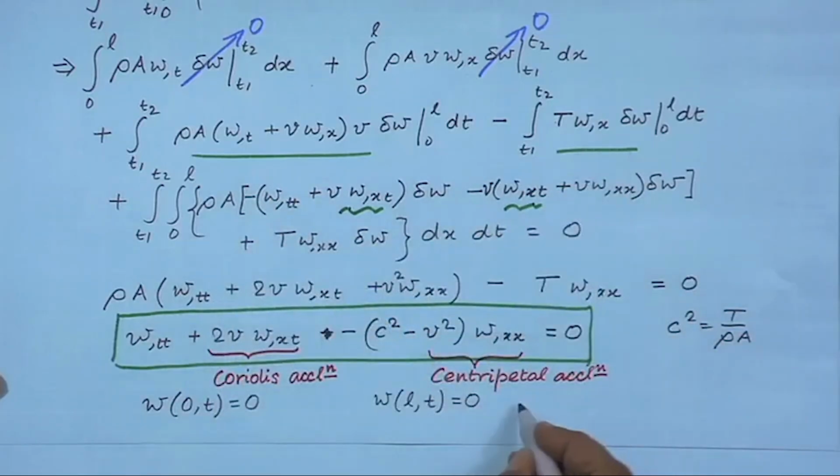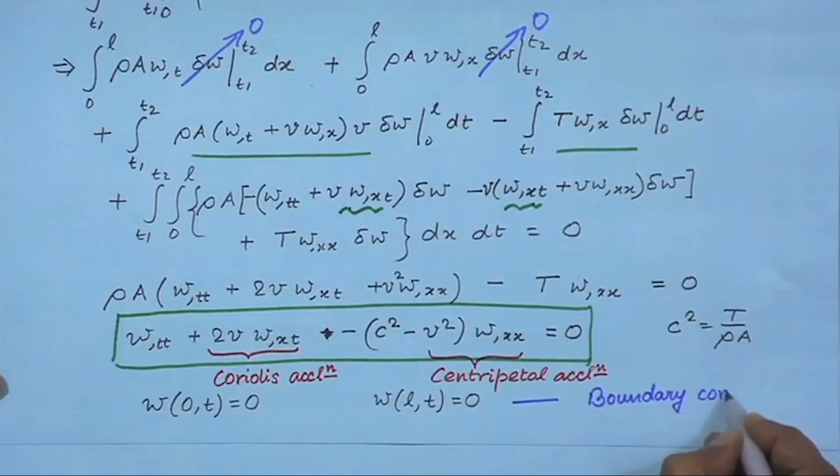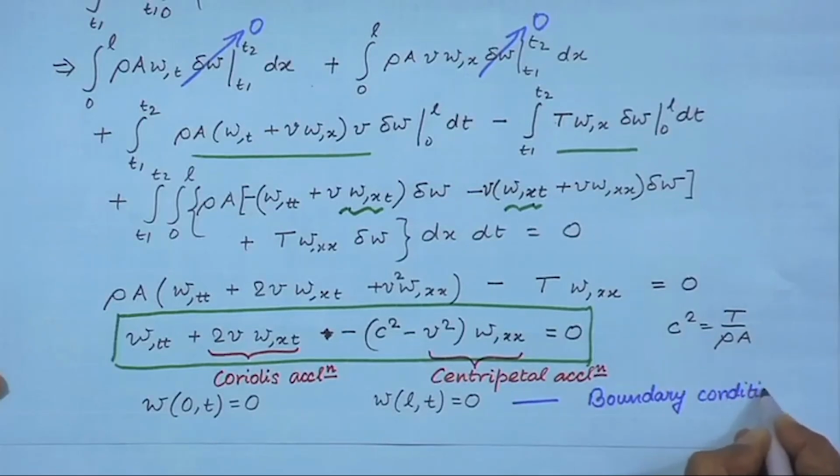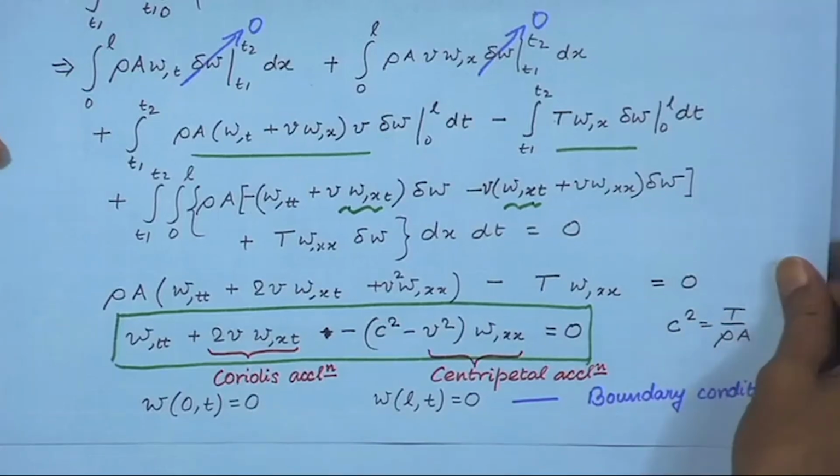So, these are our boundary conditions. So, we have derived the equation of motion and the boundary conditions for the string.